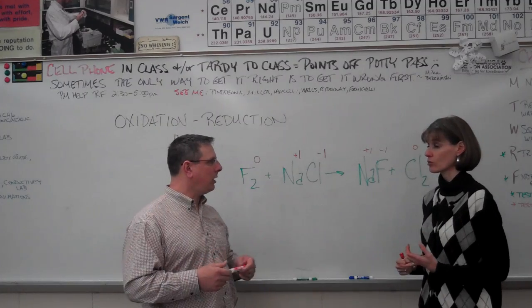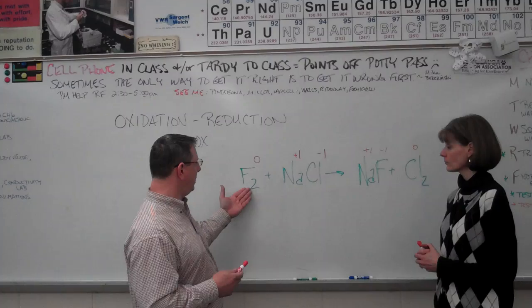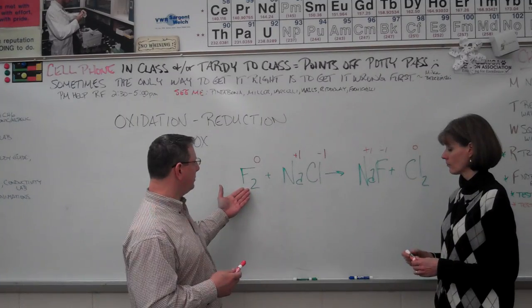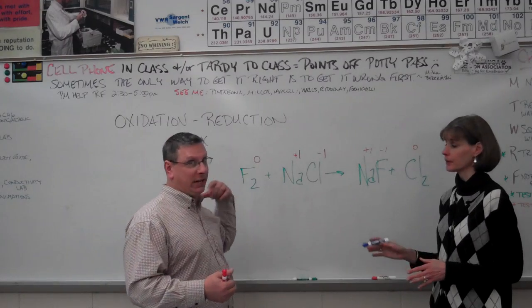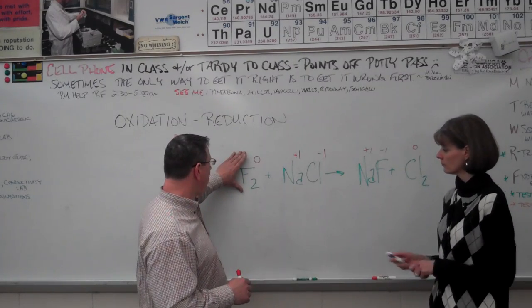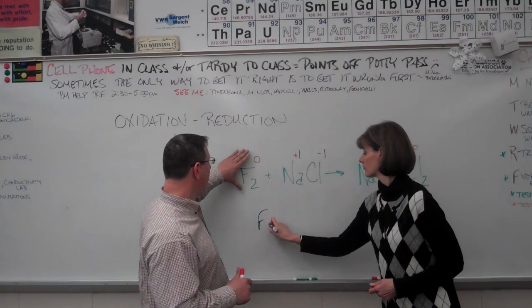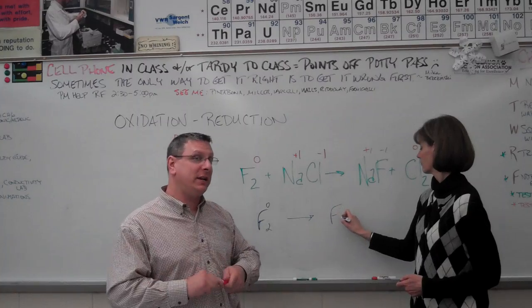So now we know the oxidation states, and we need to figure out which substance was oxidized and which substance was reduced. We've got to look for some change. Which one changed? Well, I can clearly see that sodium didn't change. So we could almost erase that, but we won't. Fluorine on my side went from a 0 oxidation state to a -1 oxidation state.